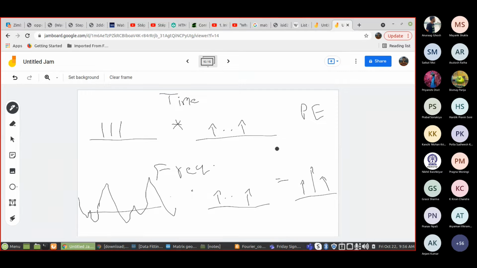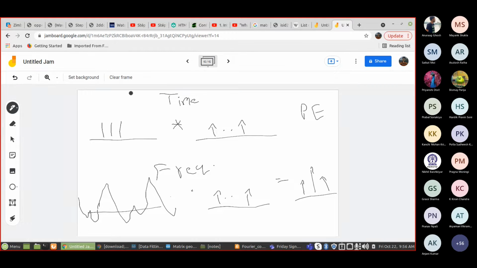What I mean is not periodic in the frequency domain. The signal is periodic in time domain, but its Fourier series coefficients are not periodic. But for discrete signals, yeah, we have periodicity in both time as well as frequency domain, and you see where it is coming from this property.